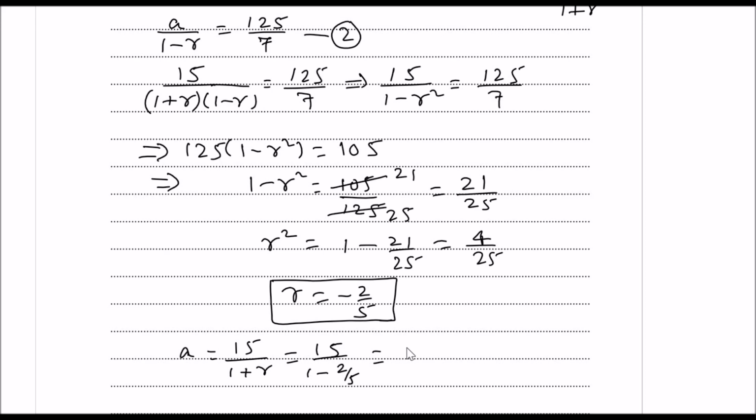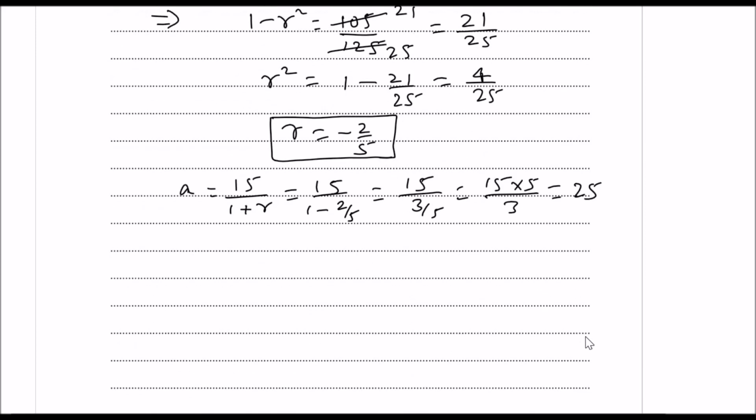Let us simplify: 1 minus 2 by 5 gives 3 by 5, 5 goes up, so 15 into 5 by 3, that gives us 25.